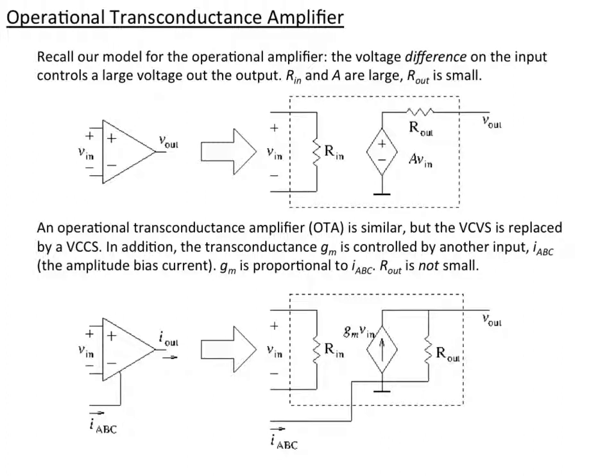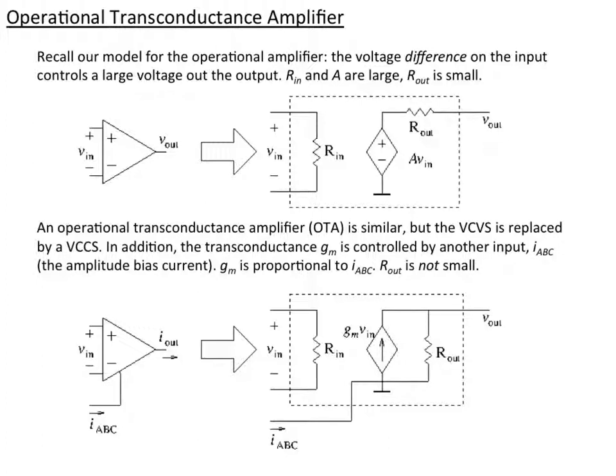For the operational transconductance amplifier, OTA for short, we have a very similar model. It's still a differential input, but the voltage-controlled voltage source is replaced with a voltage-controlled current source.